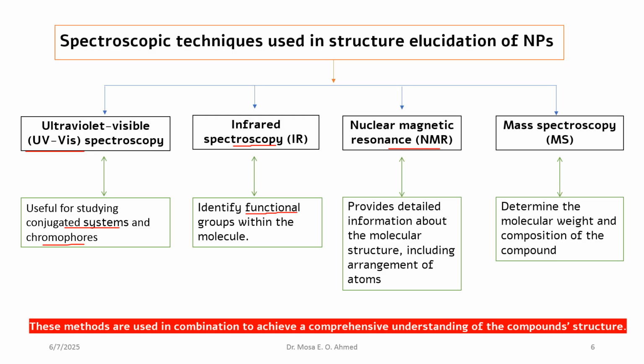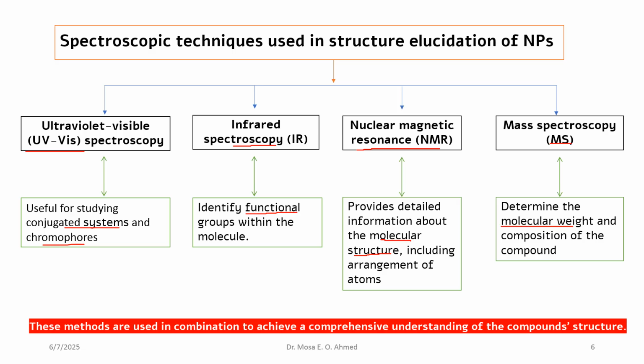The NMR spectroscopy provides detailed information about the molecular structure of the molecule, including arrangement of atoms and the type of carbon and hydrogen present in the molecules. Mass spectrometry determines the molecular weight and the composition of the compound.